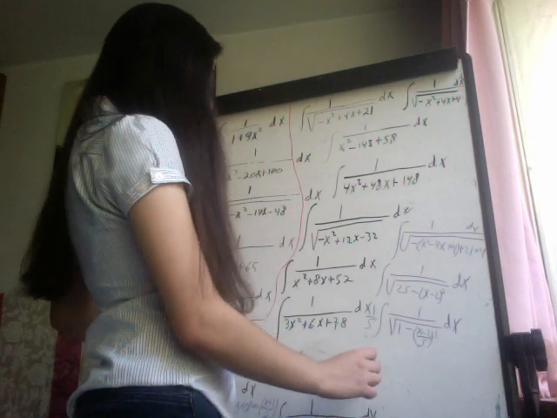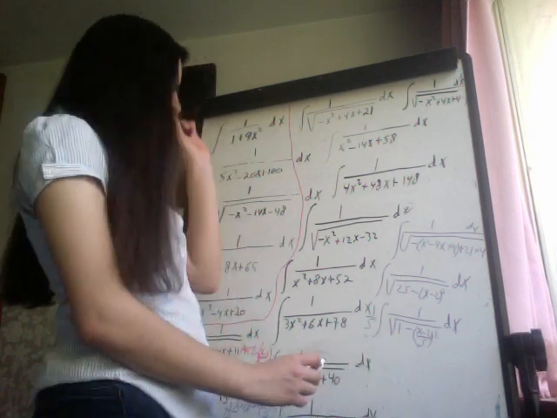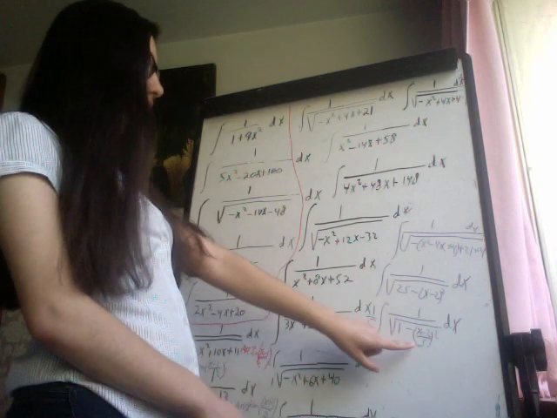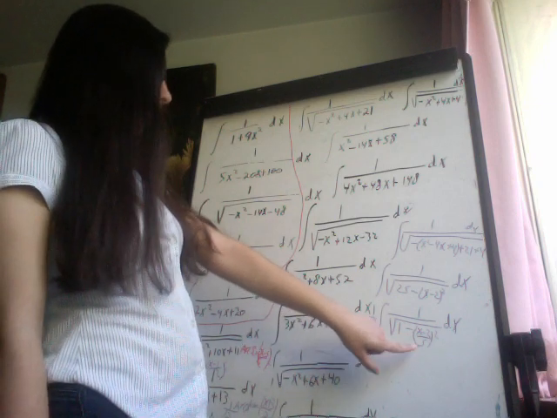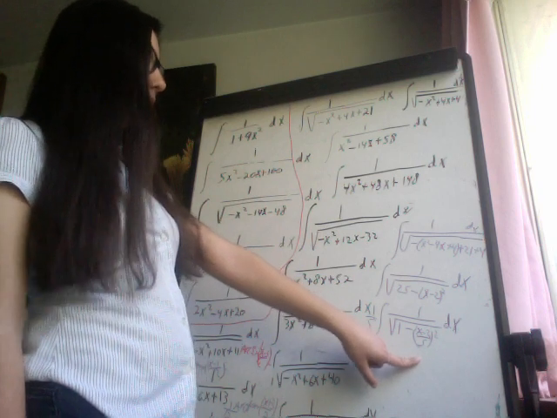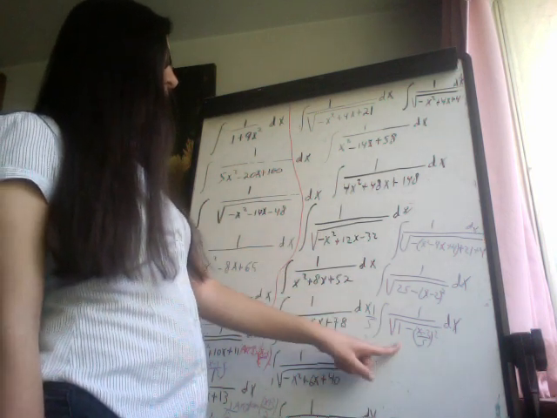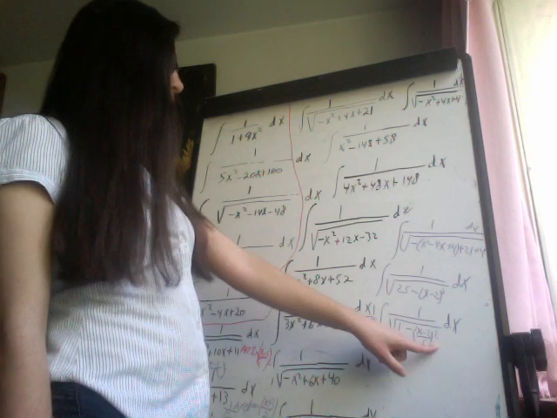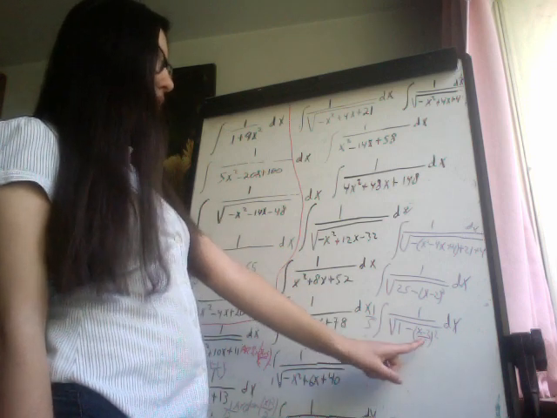So this will be, we can already do it in our head. If we have arcsine of (x minus 2) divided by 5, the derivative will be 1 over square root of 1 minus ((x minus 2) all over 5) squared times the derivative of what is inside, so times 1/5.